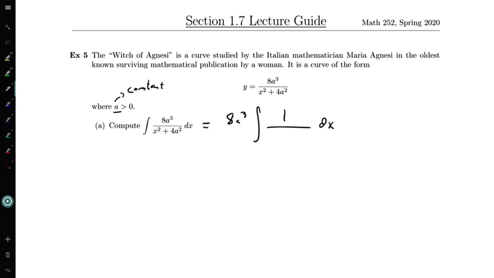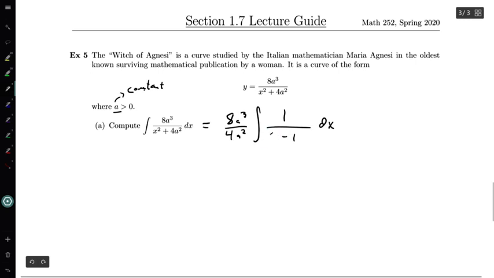With the denominator there, I want to get this constant term to be 1. So I'm going to factor a 4a squared out of the denominator, and I'm left with x squared over 4a squared plus 1. Let's maybe write that a little bit neater.